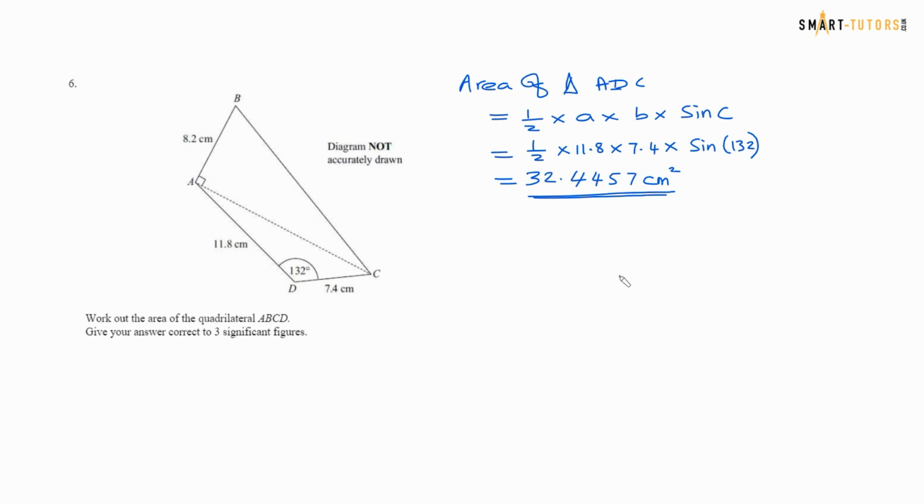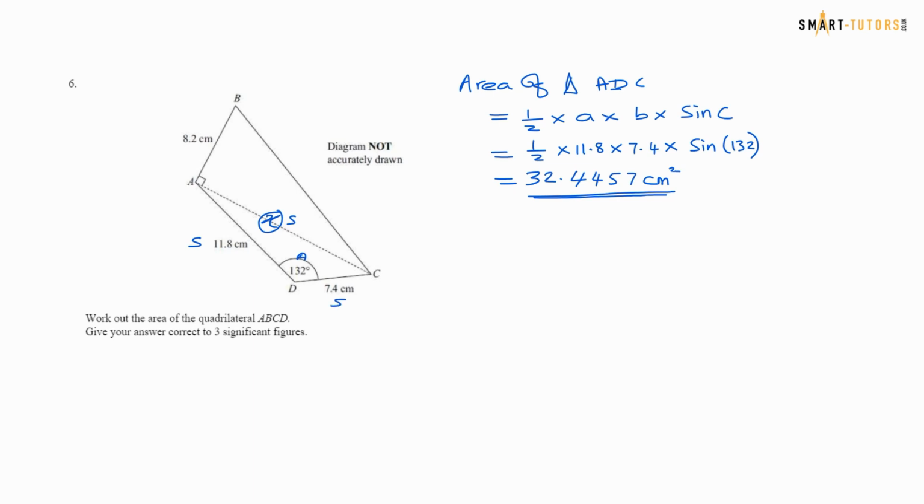Now, my problem is how to find the area of ABC. In order to find it, you need the length of AC. If I put the length of AC as x, you have to use the cosine rule, because this is a side, this is a side, and this is an angle.